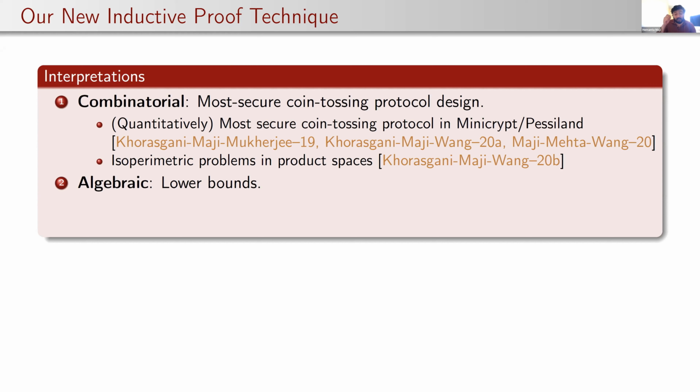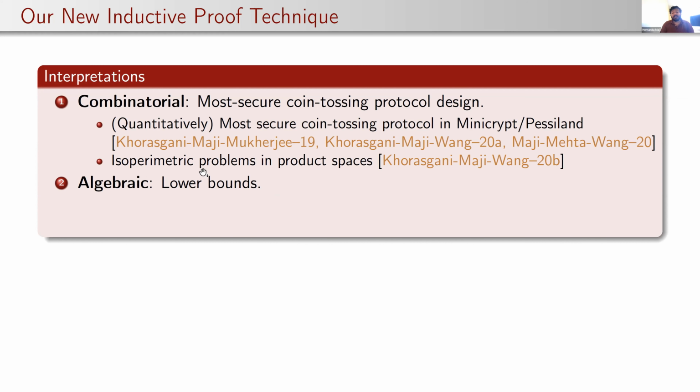What is quantitatively, not qualitatively, quantitatively the most secure coin tossing protocol if you are willing to assume the existence of one-way functions? Interestingly, it's not the majority function extractor. We'll discuss this later in the talk. There are protocols which are better than these protocols quantitatively. And these have also connections to isoperimetric problems in product spaces. If there is time at the end of the talk, I will discuss these connections as well.